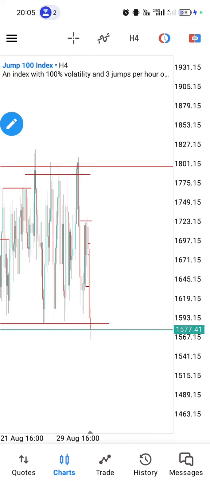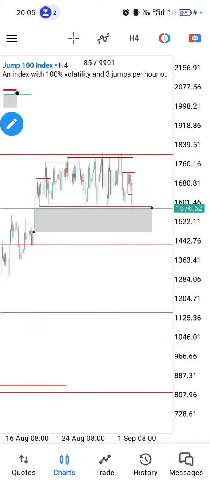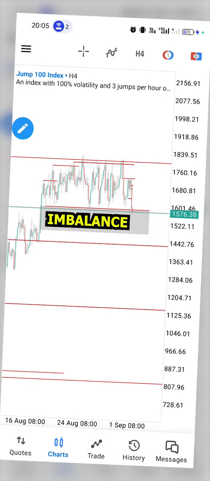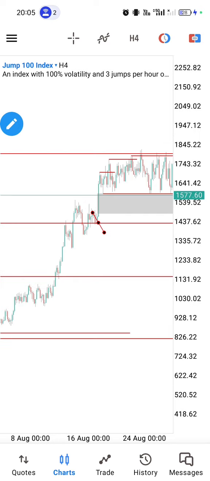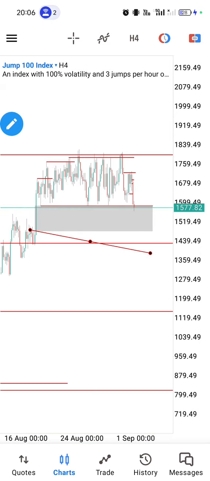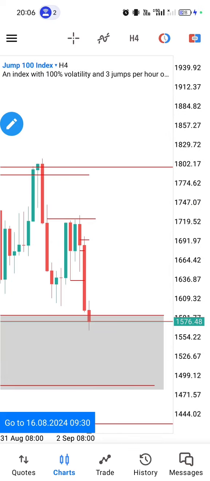I think you guys can clearly see, if I stretch out this rectangle, that huge imbalance right there. So price has been dipping down, headed for the imbalance, where it's also going to meet the mitigation block, and maybe it might return back up.